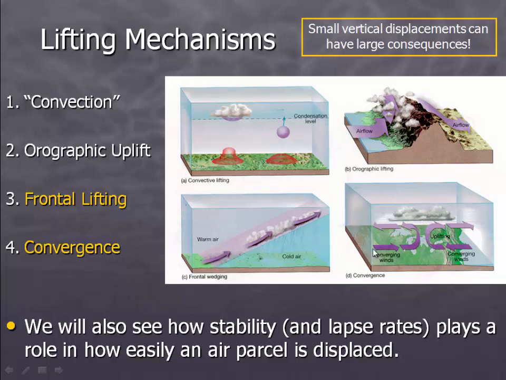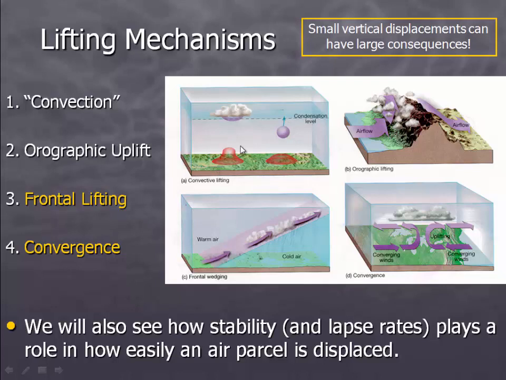So if we have converging winds or winds from opposing directions at the surface of the earth, that air cannot go into the ground. It collides and moves upward in a fashion known as surface convergence. That can also help get clouds formed by air moving upwards.